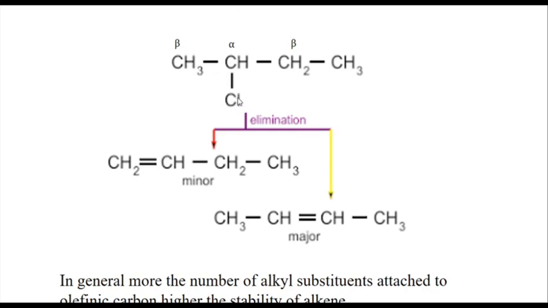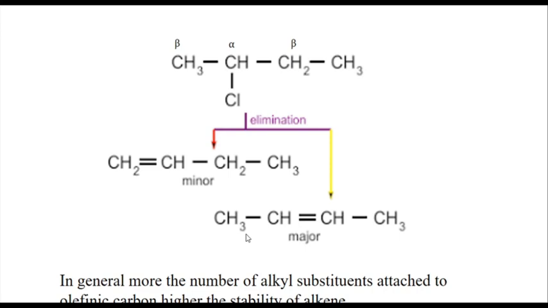Okay, so the carbon to which the halogen is attached is the alpha, and on either side you have the beta carbon. Okay, so the elimination reaction, that is removal of beta hydrogen from here and halogen, gives 1-butene as the product, and removal of this halogen and beta hydrogen from here gives 2-butene as the major product.